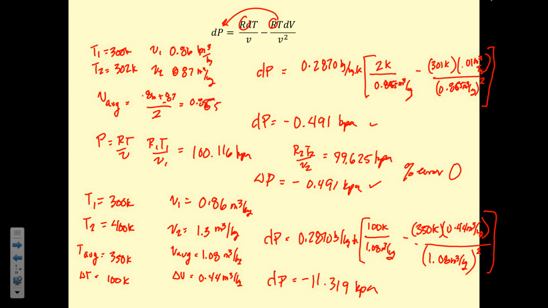And if we use, again, the ideal gas equation, we can calculate P1 is equal to 100.116 kilopascals. P2 is equal to 88.307 kilopascals. So our delta P in actuality is negative 11.808 kilopascals.